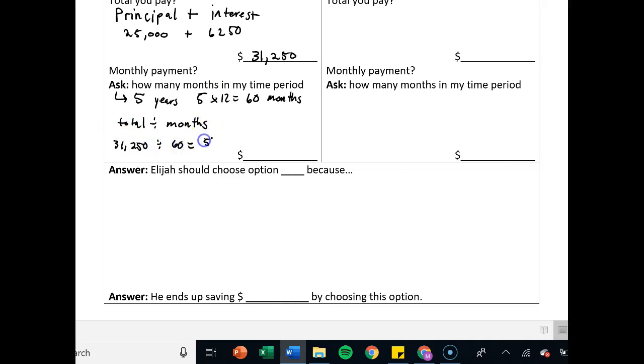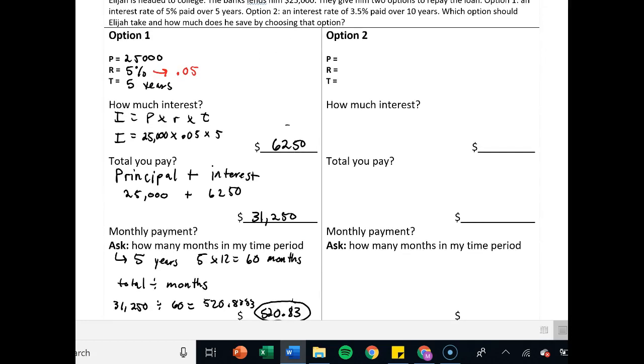That gets you 520.8333 repeated. So we'll round it to the nearest cent: $520.83 per month. That's how much you're going to pay.